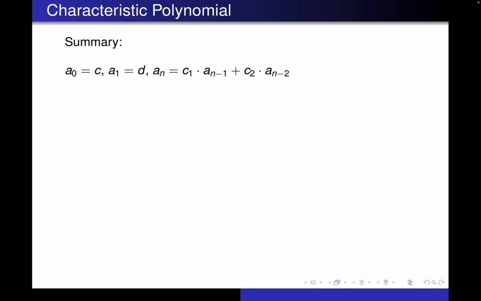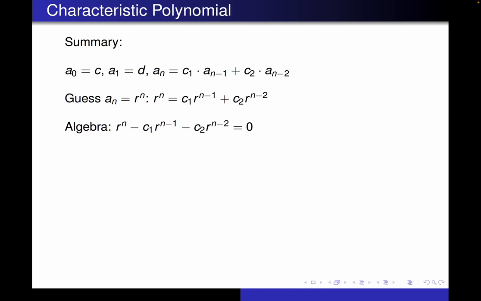So let's sort of summarize what we did. We have a sequence that has two initial terms, a0 equals c, a1 equals d. It has a recursive formula that is a sub n equals a constant c1 times a sub n minus 1 plus some other constant c2 times a sub n minus 2. We guess a sub n equals r to the n. We plug that into our recursive formula.